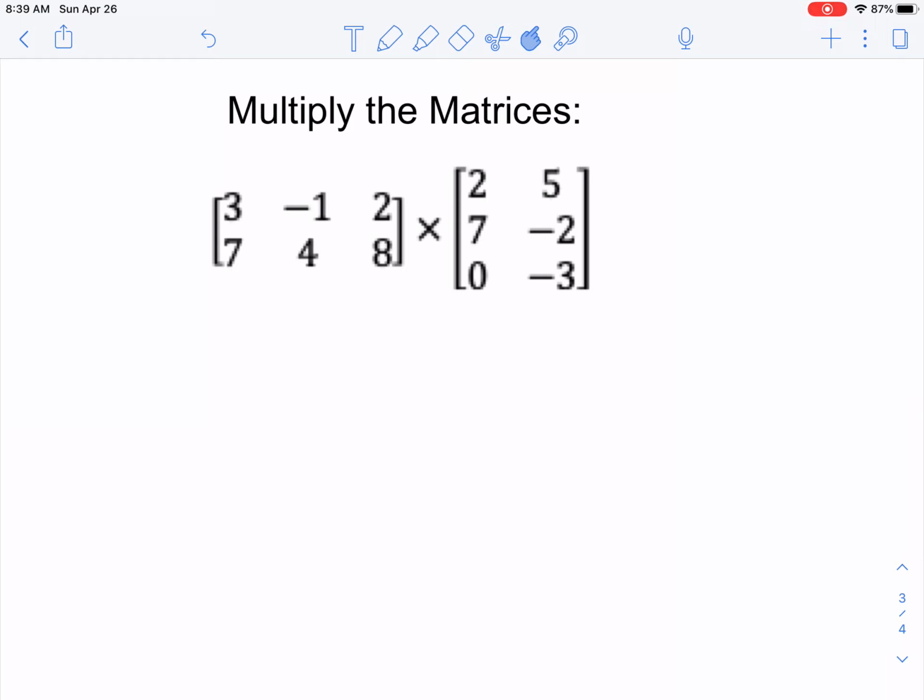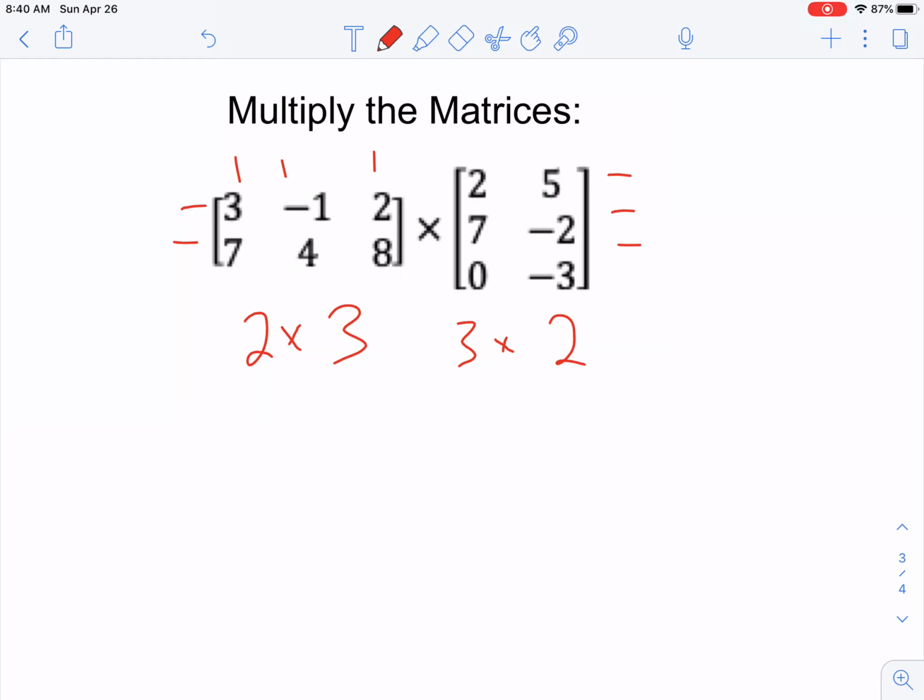Instead of just a 2 by 2 and a 2 by 2, this first matrix is a 2 by 3, 2 rows, 3 columns. The second matrix is 3 rows, 2 columns. So it's a 2 by 3 times a 3 by 2.